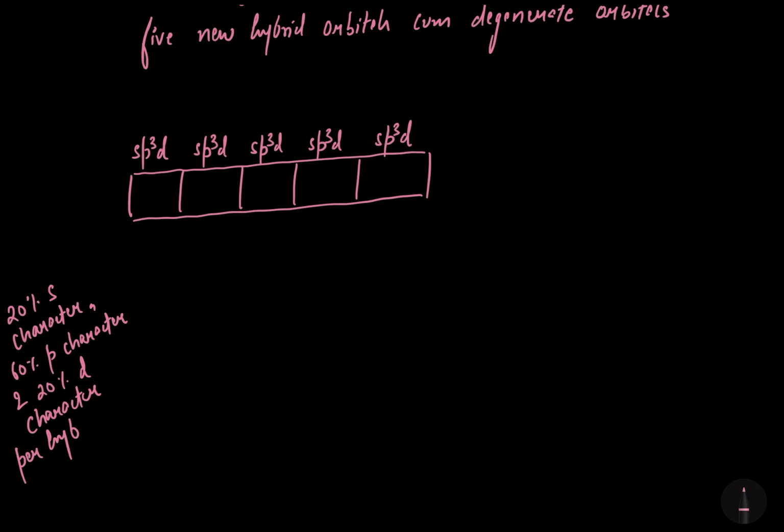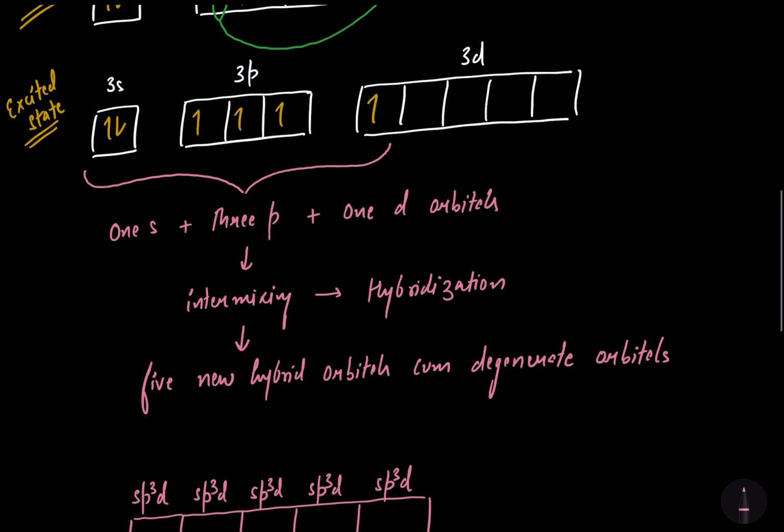As it's a mixing of 1s, 3p and the 1d, we are going to have 5 new hybrid orbitals, that's sp3d hybrid orbitals, and all the orbitals will have 20% s character, 60% p character and 20% d character per hybrid orbital. So now let's come to the electrons.